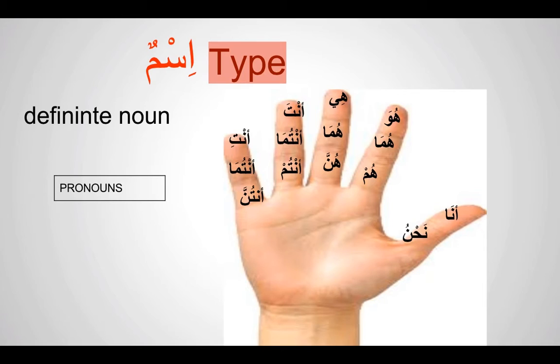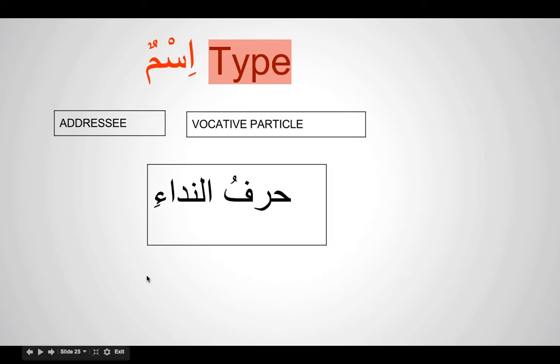And how else a noun becomes definite is by what is called the addressee. We use what is called a vocative particle. What does this mean? It means when you call somebody, for example in English we say "oh man." To call somebody, it's called harfu nida.